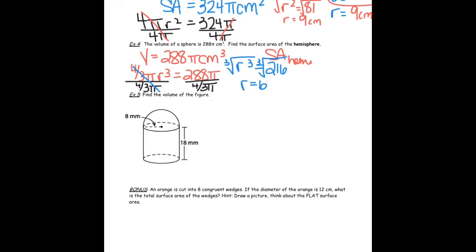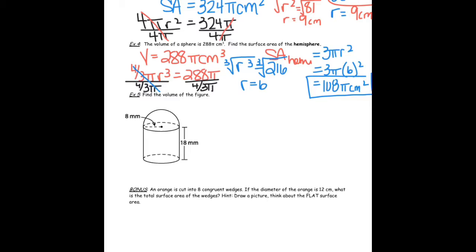Now I'm asked to find the surface area, which is 3 pi r squared. So 3 pi times 6 squared, which equals 3 times 36, or 108 pi centimeters squared.